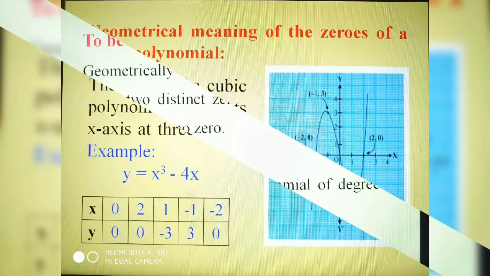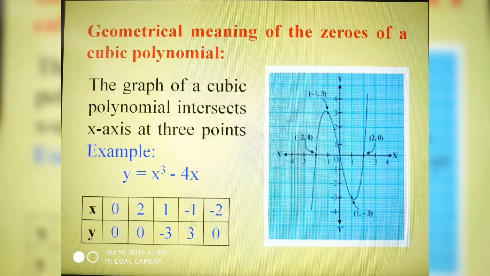Next is the cubic polynomial. The geometrical meaning of the zeros of a cubic polynomial. The graph of a cubic polynomial looks like this. Here I am taking an example y is equal to x cube minus 4x, and some values of y corresponding to some values of x are listed here in this table.